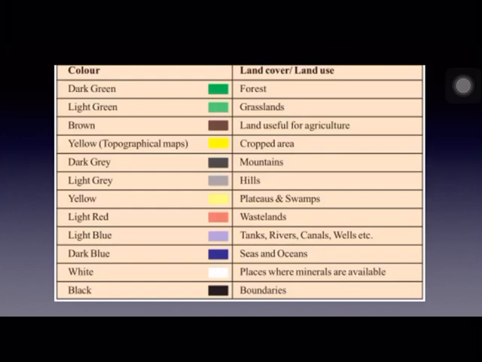And yellow for cropped area in which crops are grown. And dark grey is used for mountains. Black is used for boundaries. And white is used for minerals, for places where minerals are available. Seas and oceans, dark blue. Like that, different colors are used for showing different physical features.